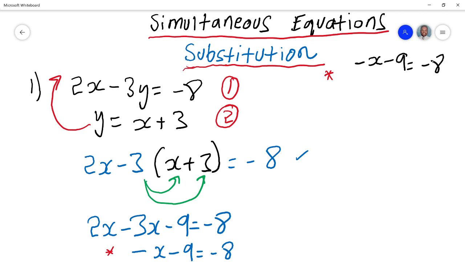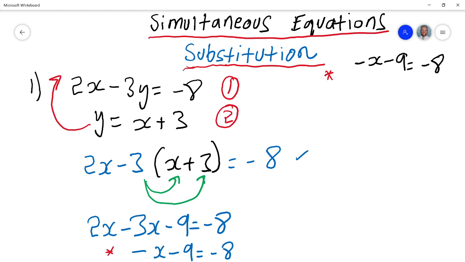What do we do from there? There are two methods we could use. Either we could move negative x over the equal sign so it becomes positive x, or we could leave negative x here and move the negative 8 over there. I like to work out the value of x and not negative x.